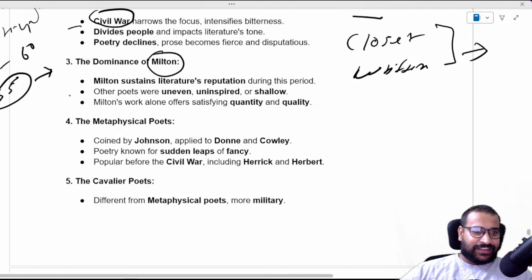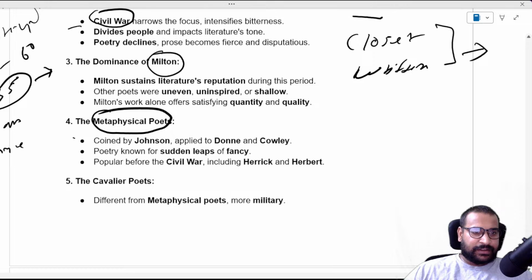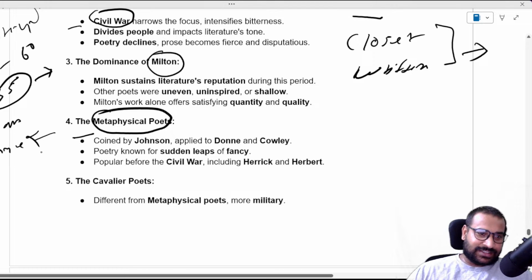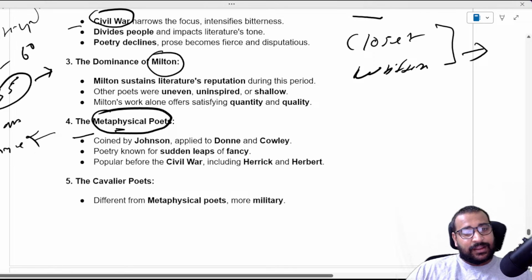And in that period we have the metaphysical period, but it started before, like in Jacobean. We started with Donne. So all these metaphysical poets were actually modeled on Donne's poetry and the style of his metaphysics, right? And all these conceits and metaphors and personification they used in metaphysical poetry.